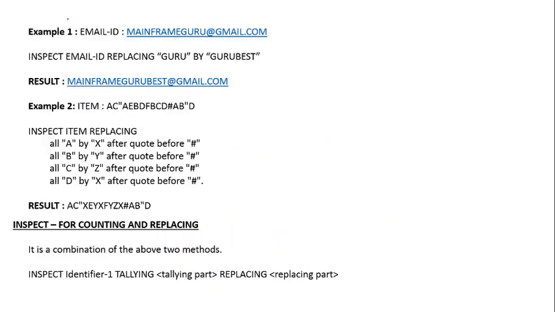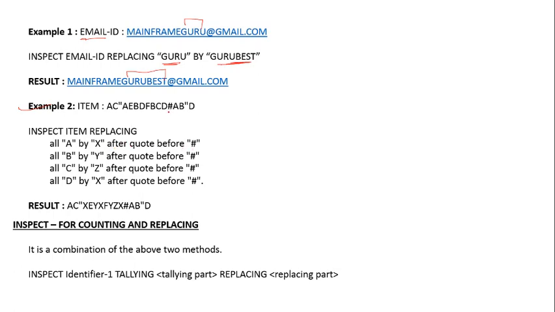For example, I have an email ID, and I want to replace guru only, guru with gurubest, so gurubest will replace there. And example 2: INSPECT ITEM REPLACING ALL A BY X AFTER QUOTE BEFORE HASH.